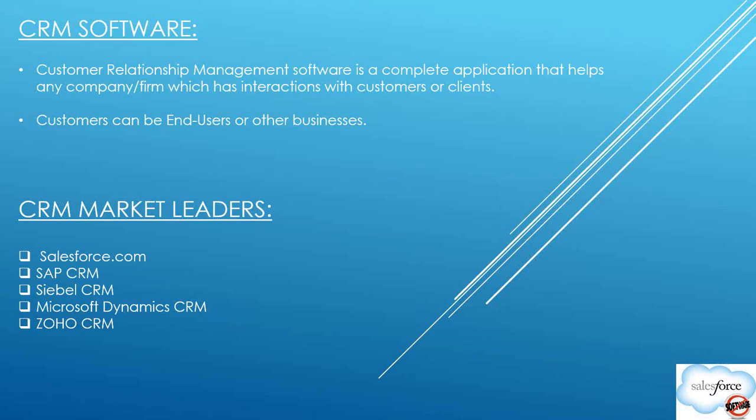Everything surrounding a customer is tracked in the customer relationship management software or tool. That is exactly CRM, where you'll be dealing with different clients, whether an individual customer or someone from a company. That is called CRM software.